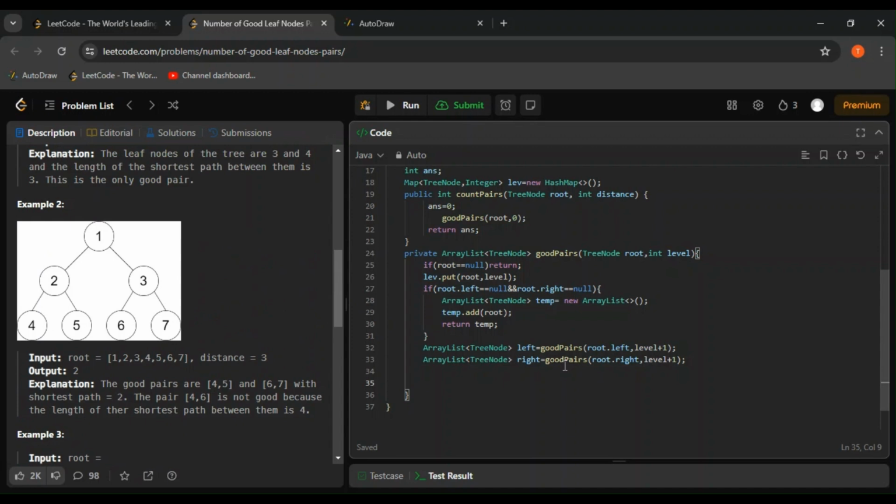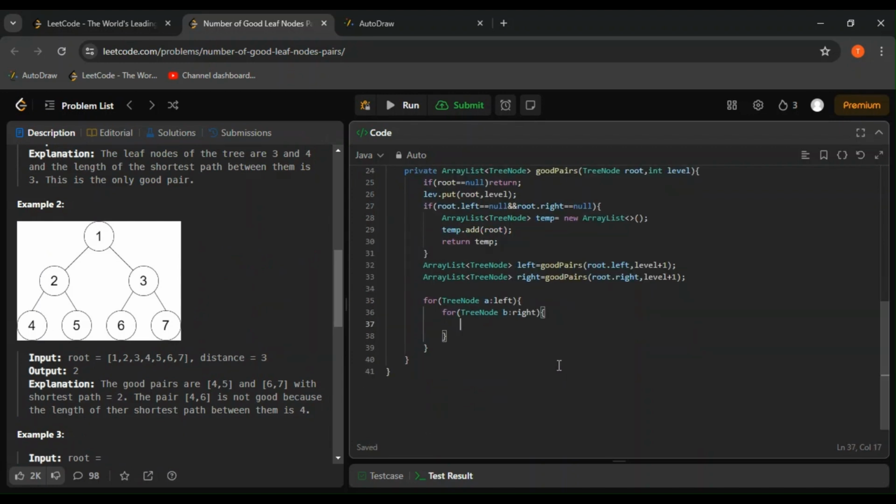Correct. Now for tree node A belongs to left, and for tree node B belongs to right. So we are doing a left right good pair checking. Okay, now this and this, what is the distance going to be? Correct.